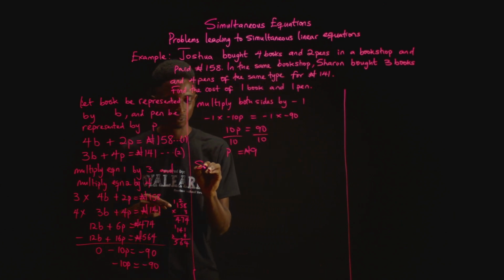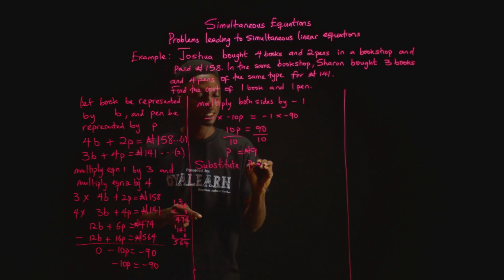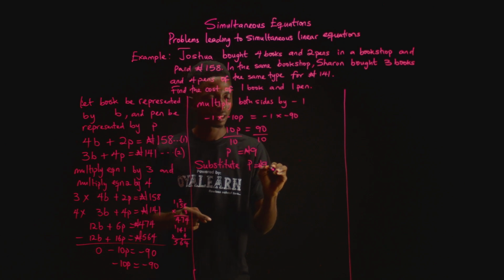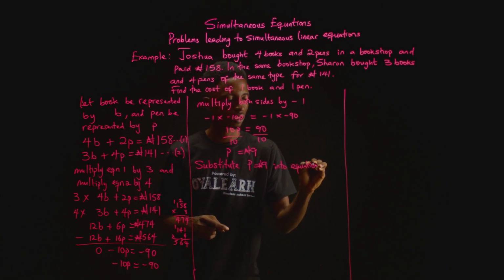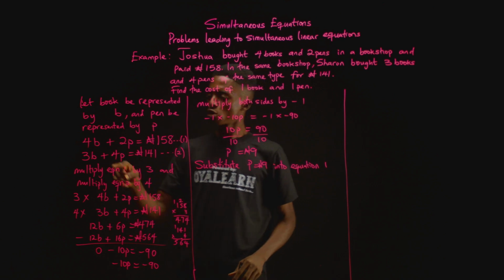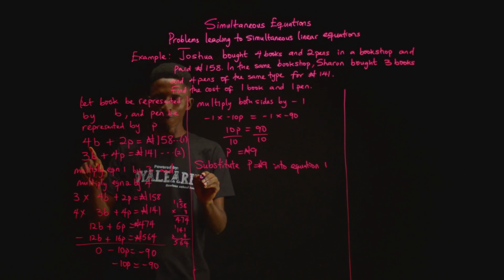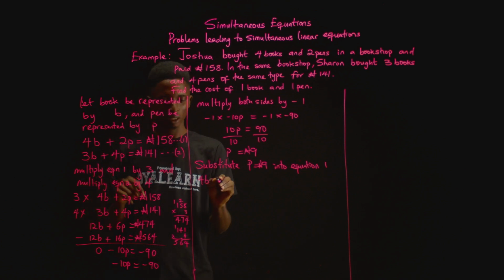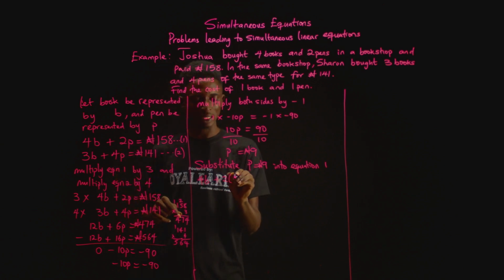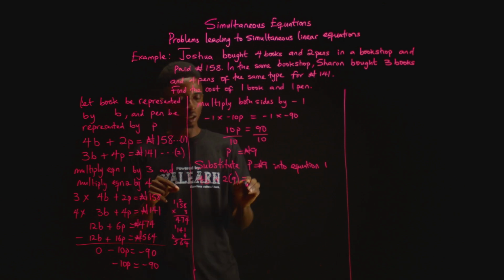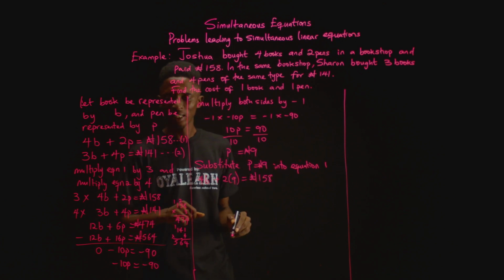So we substitute P equals 9 naira into equation 1. Working with equation 1, anywhere I find P, I put 9. So therefore we would have 4B plus 2 into P, and P is 9, and this equals 158 naira.